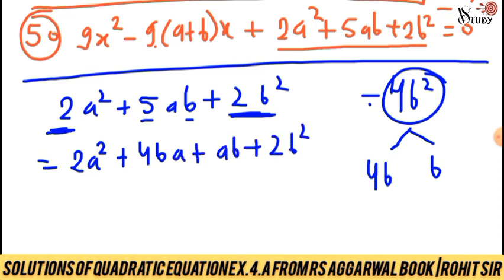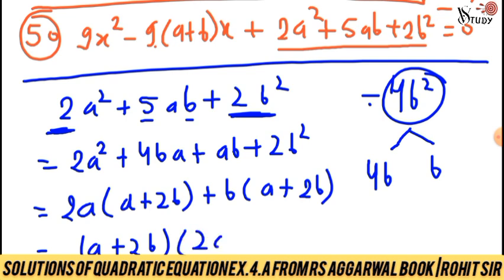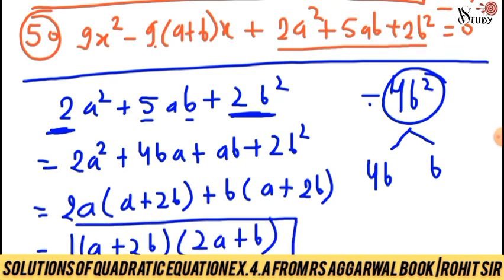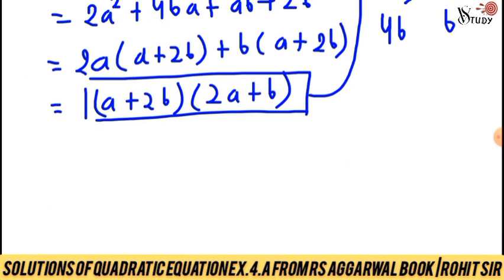Now take 2a as common, then we have a plus 2b. Now take b as common, then we have a plus 2b. Now a plus 2b is common, then we have 2a plus b. This is the factor of this quadratic expression. So now we can write this in place of that, a plus 2b.